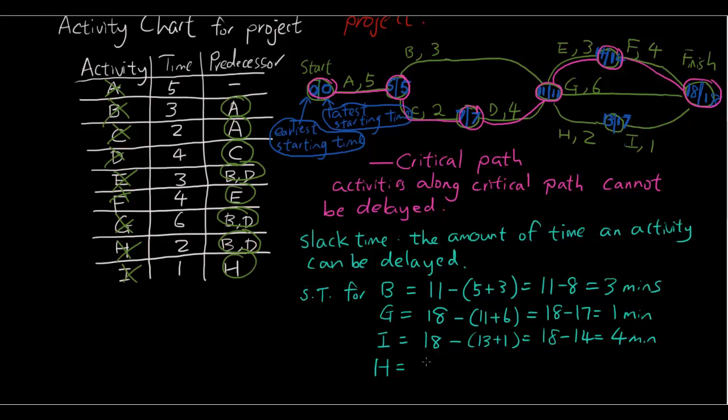So assuming that we don't get to that node until the 17th minute, we have the earliest starting time for H is the 11th minute, and activity H only takes 2 minutes. So we can possibly get here on the 13th minute, but we don't have to get here until the 17th minute. So therefore the slack time is 17 minus 13, which is 4 minutes for H.